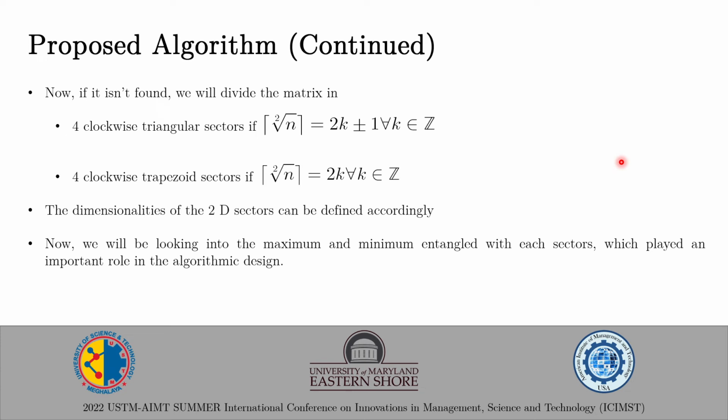Next, we will be looking into the maximum and the minimum that each of the sectors can have. I have mentioned those maximum and minimum values in the next slide, like the positions where their maximum and minimum are supposed to be found.